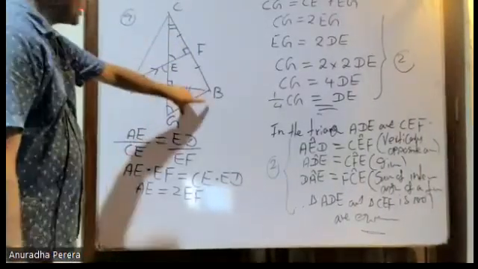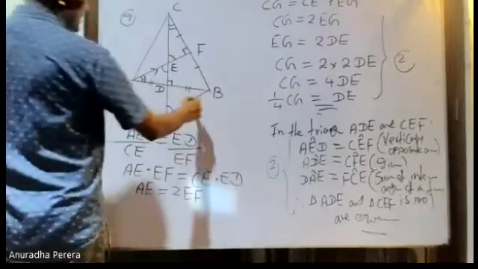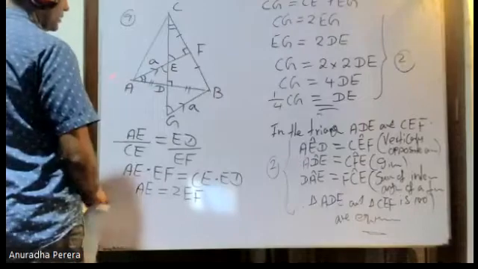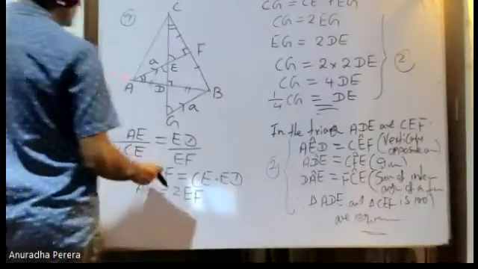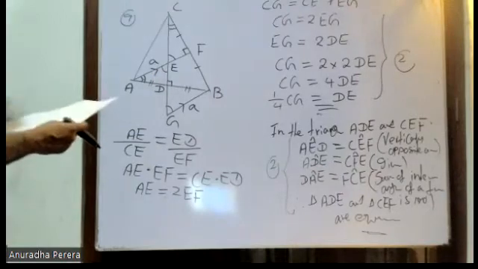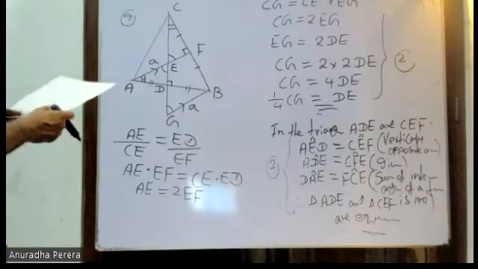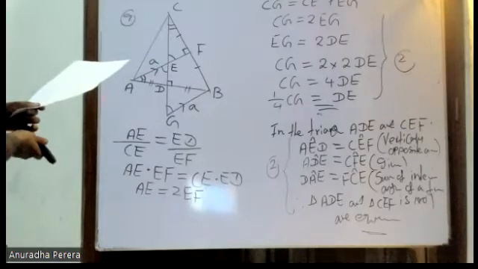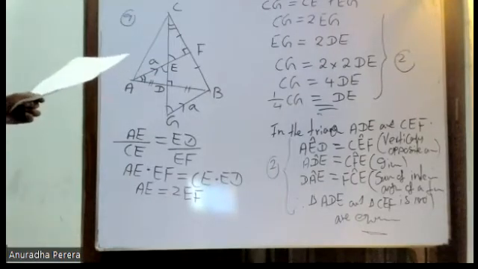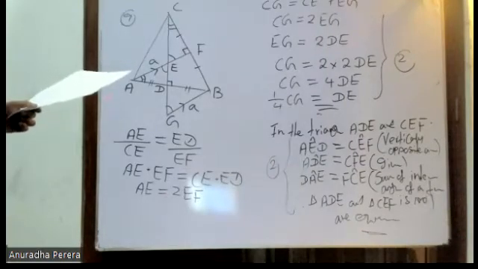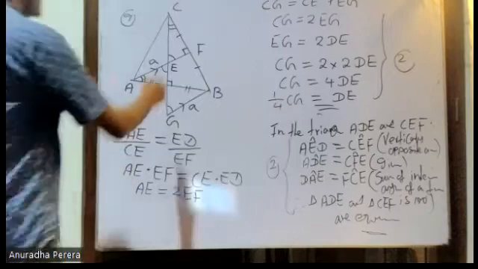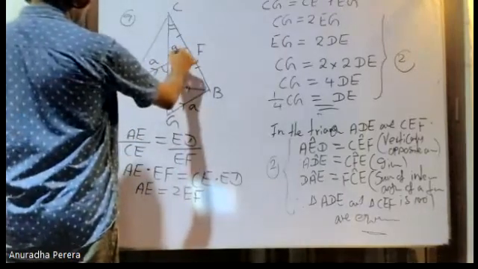If this one is A, this is also A. Right? This one is A over 2 according to the midpoint theorem.